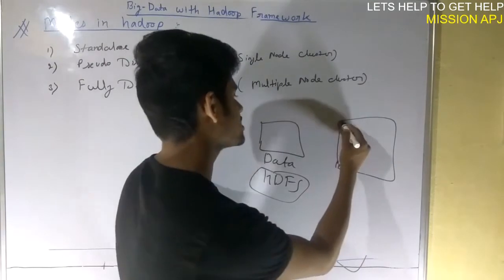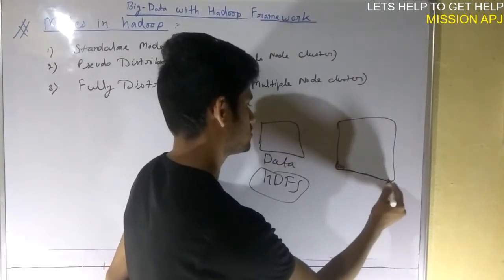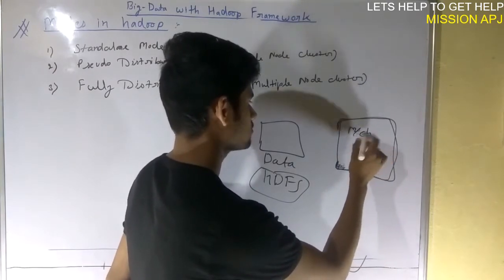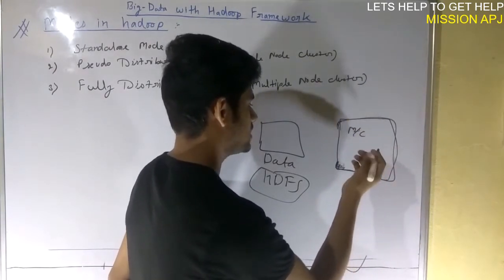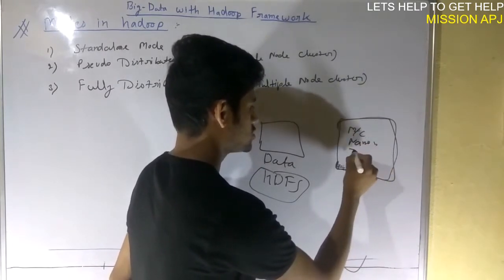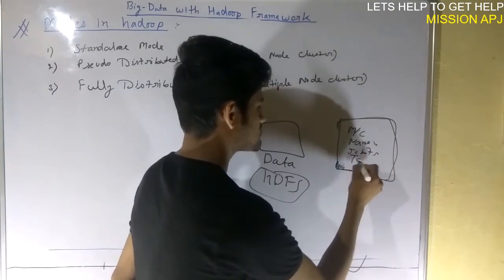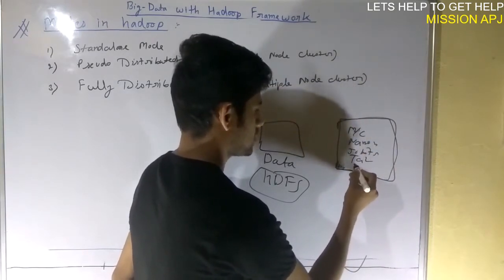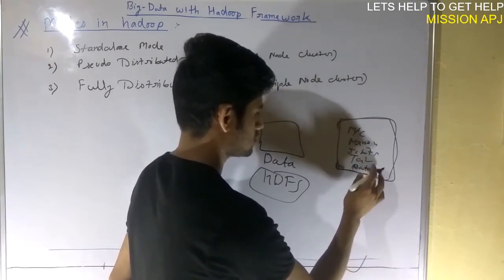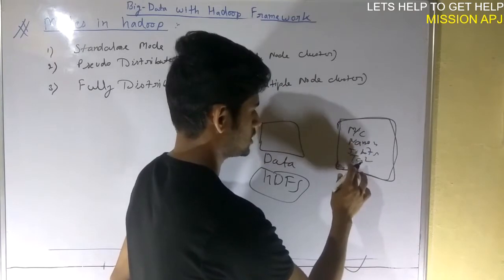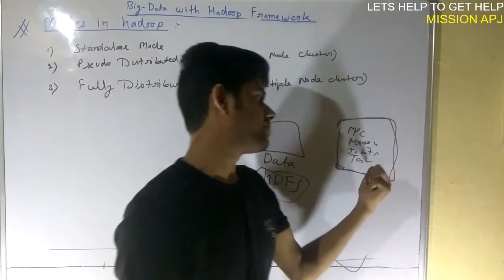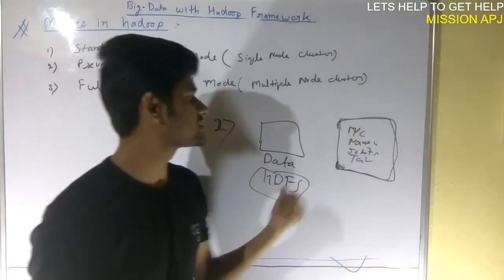Now your system here is your machine, and in this machine are all your nodes, that is name node, job tracker, task tracker, and data node. So all working nodes are present here, and data is in a different machine.